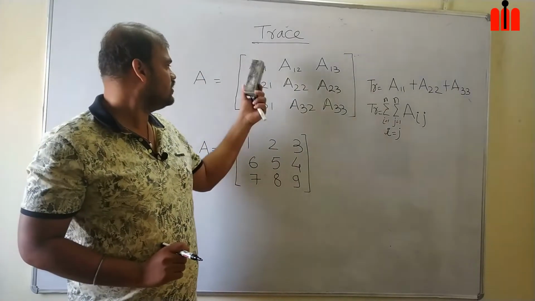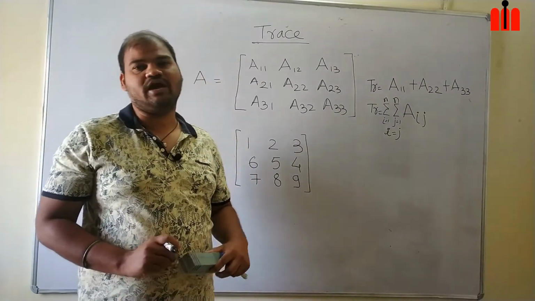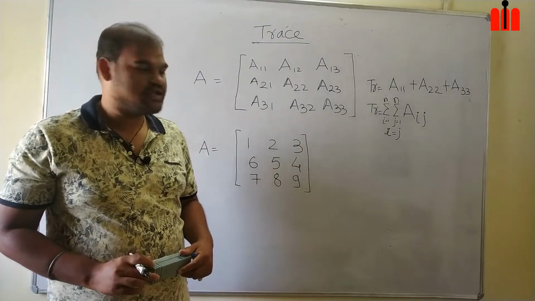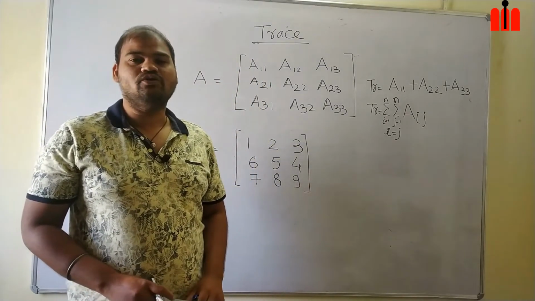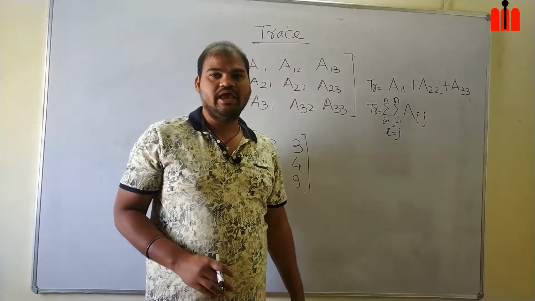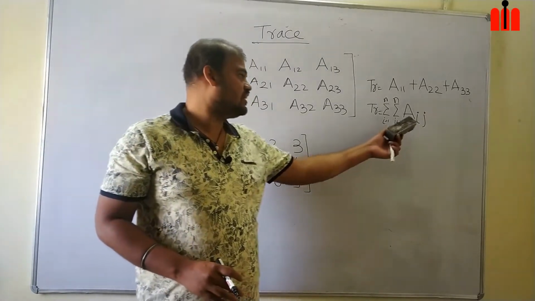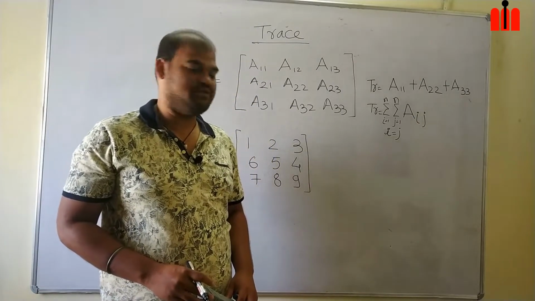So a11, a22, a33, the values of i and j are the same. So we put a condition here where i is equal to j. So we come to the conclusion that trace is the sum of the diagonal elements.